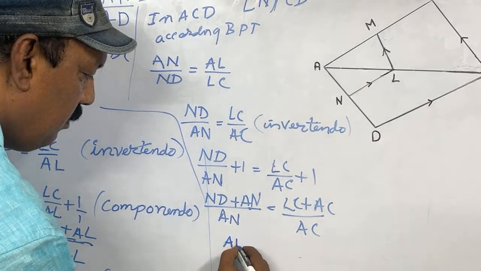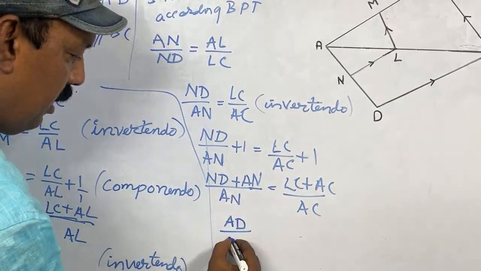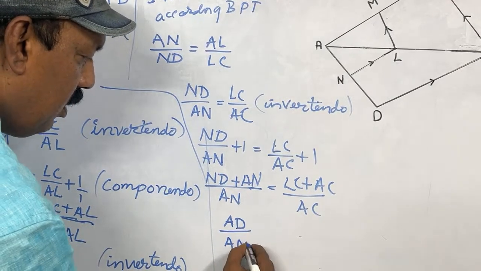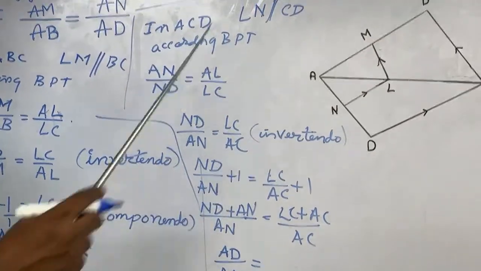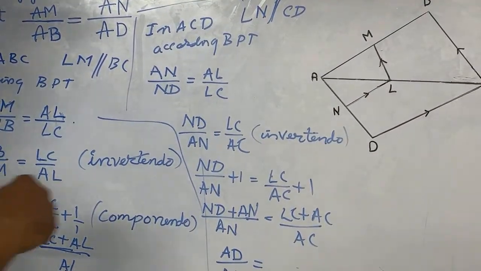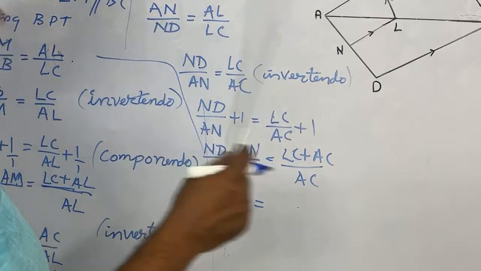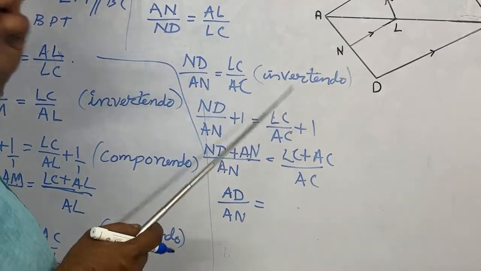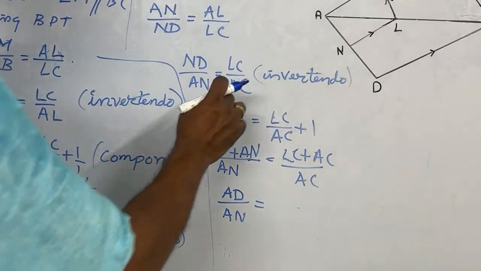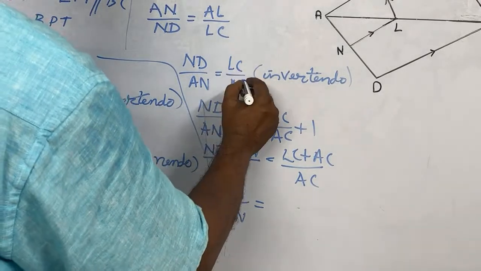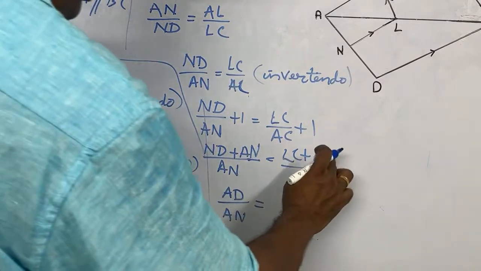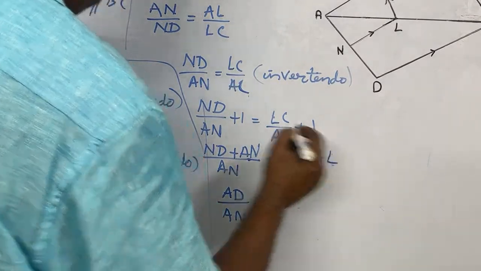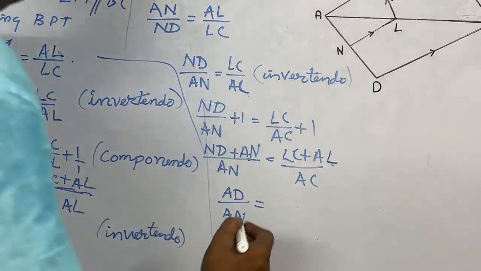AD by AN is equals to LC plus AL, which gives AC.